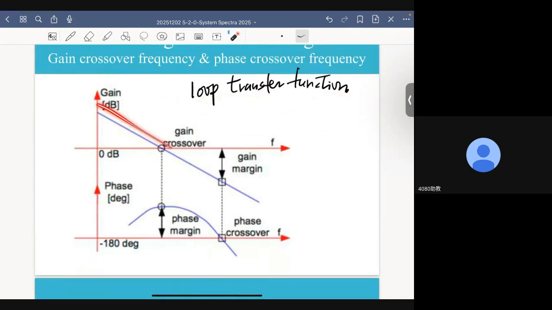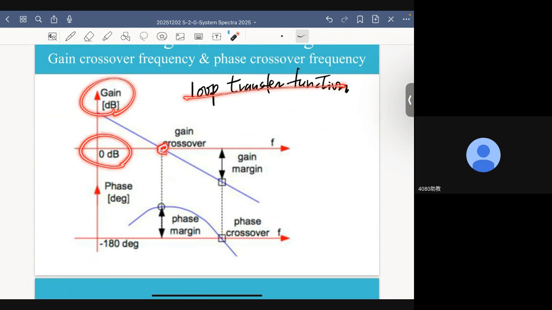Now, what we have here is a Bode plot for the loop transfer function. This is the magnitude plot. This is the phase plot. The first thing we need to do is to identify the gain crossover frequency. That is the frequency where the gain of the loop transfer function becomes 0 dB.